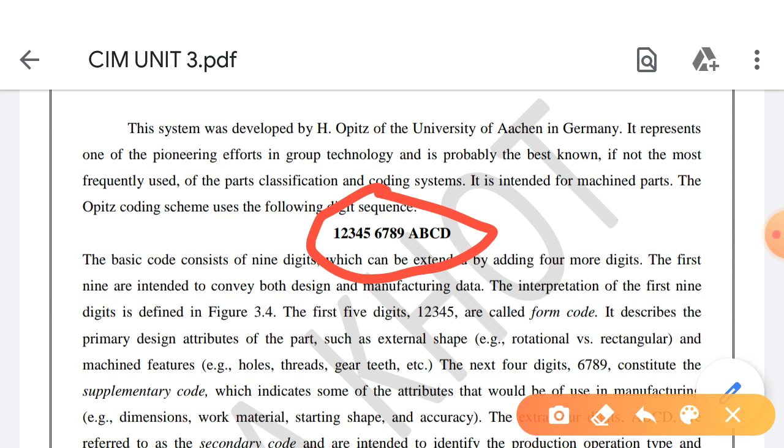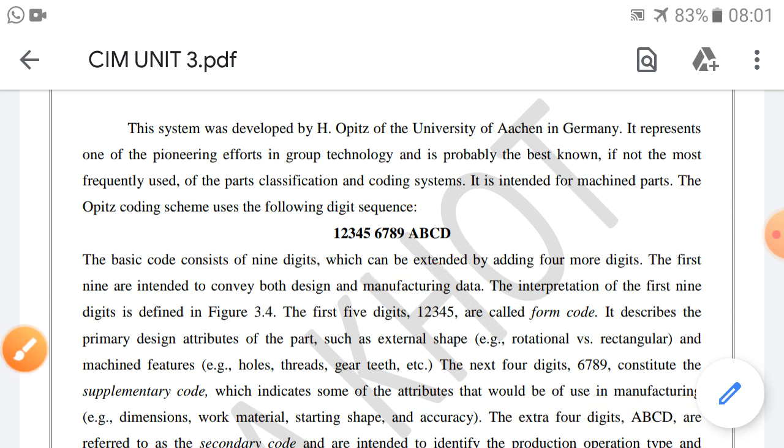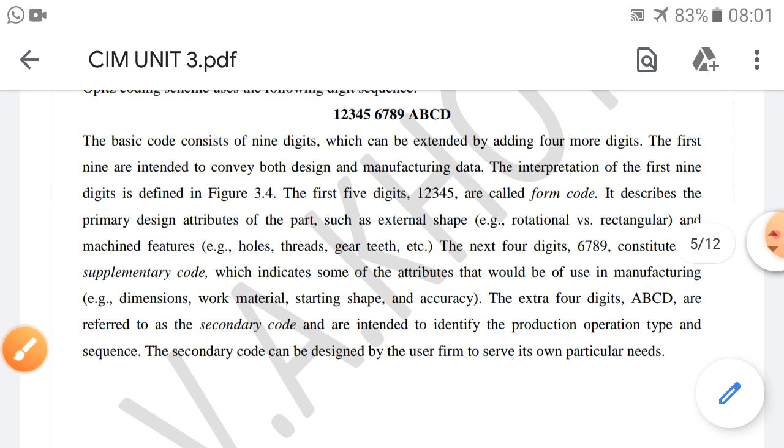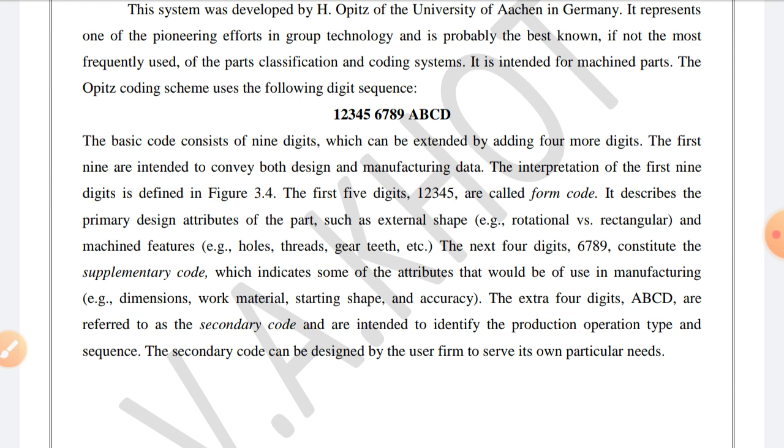Leave that A B C D aside for now. The basic code consists of a 9 digit code, which can be extended by adding 4 more digits.